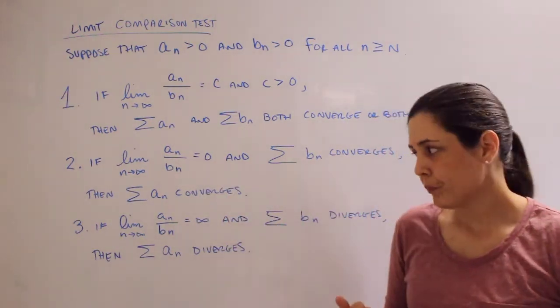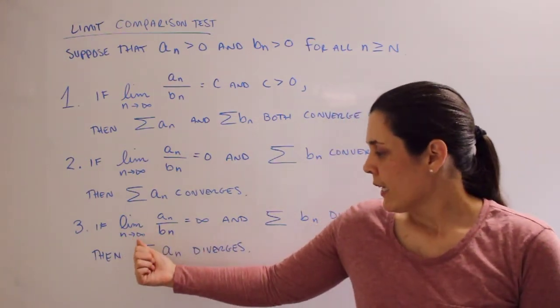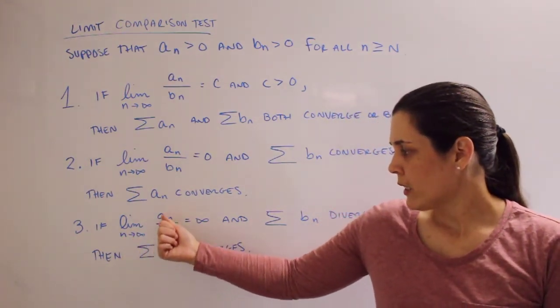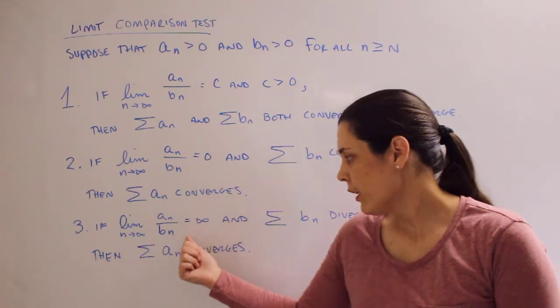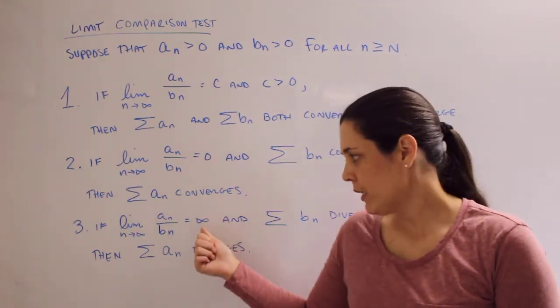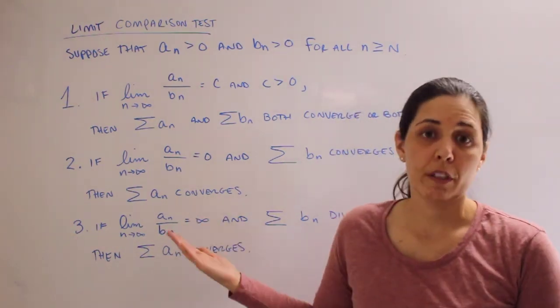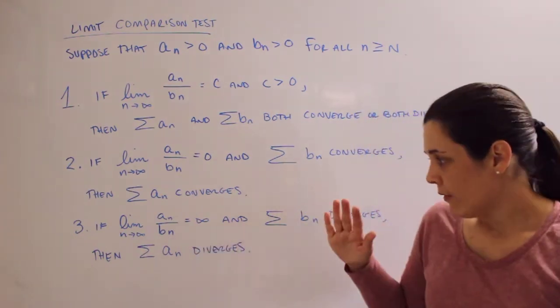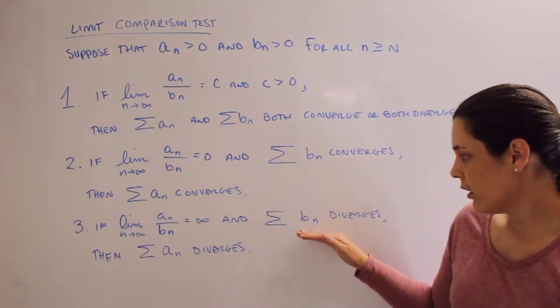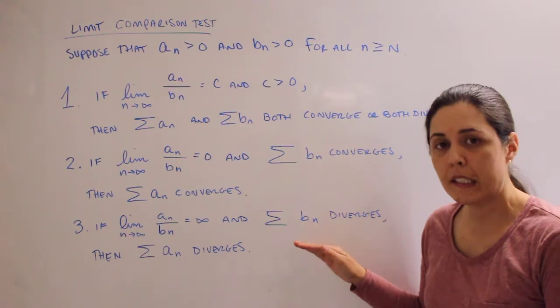Third possibility. You take this limit as n approaches infinity of the quotient a sub n over b sub n, and you get infinity. Okay, this limit does not exist. It goes to infinity. It's an infinite limit. If that's true and b sub n, this series, diverges.